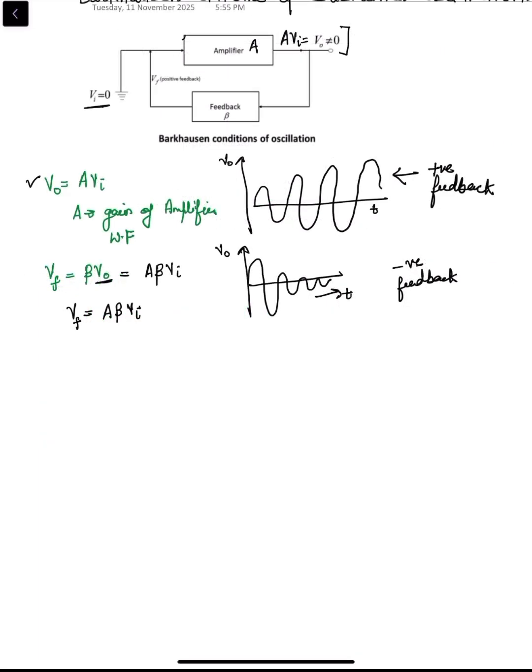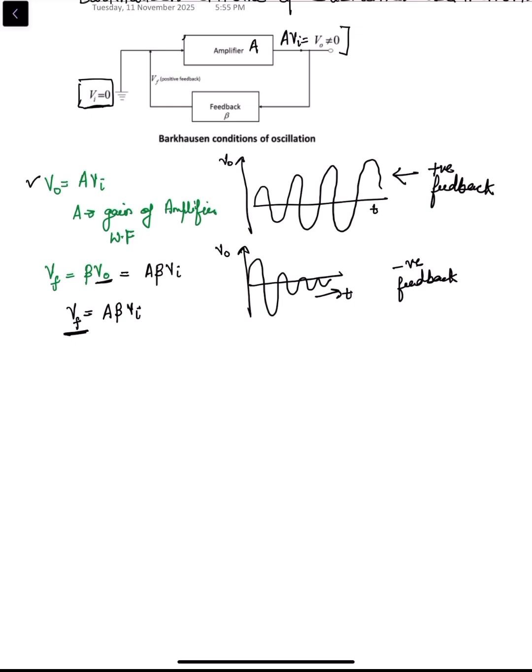So now if we want that there should be no input voltage from the outside source, that means Vi has to be 0 as shown here. So from where should the amplifier take its input? That input should be provided by Vf. That means the feedback will provide the input only. There will be no separate input from the source.